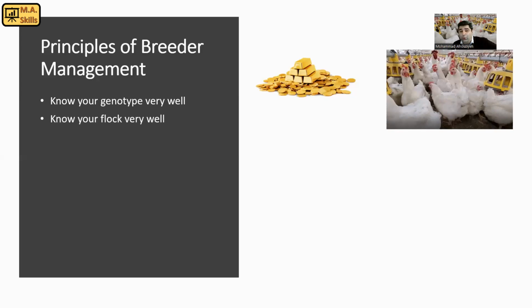Second point, know your flock very well. There is no unique prescription for different flocks, based on the variation in individuals and the variation between flocks. Your management should be slightly different. That's why you need to know your flock very well.